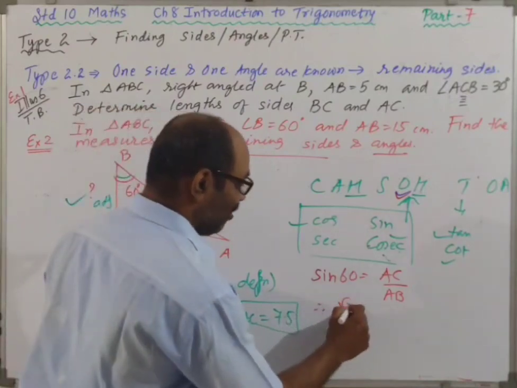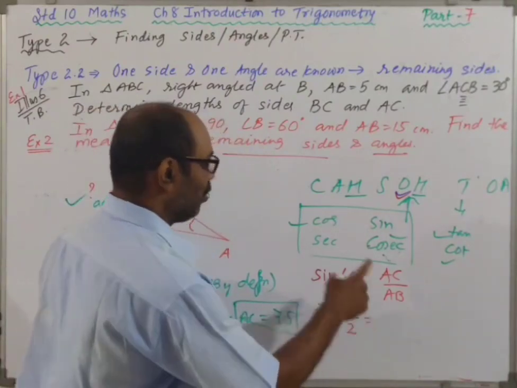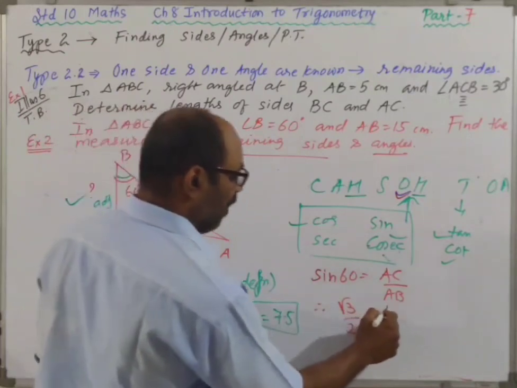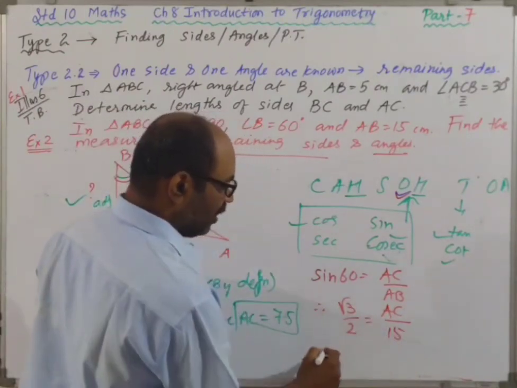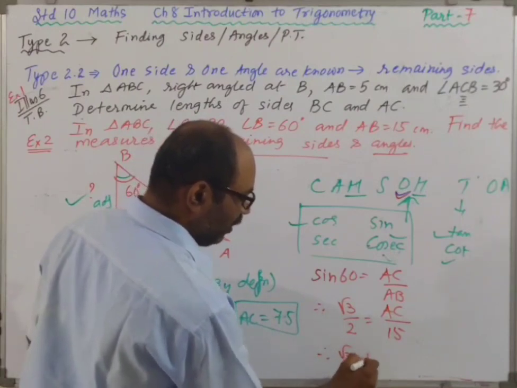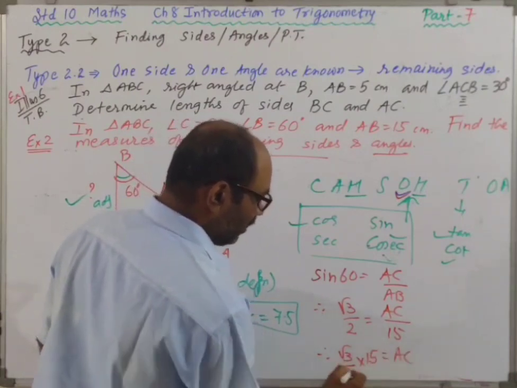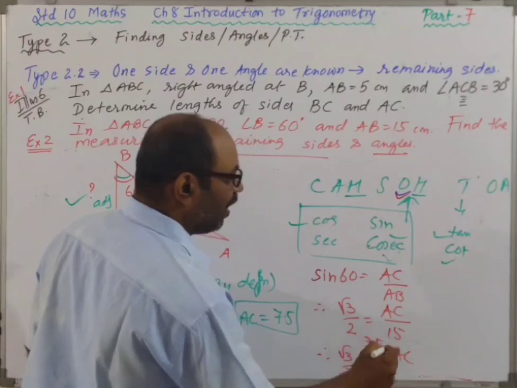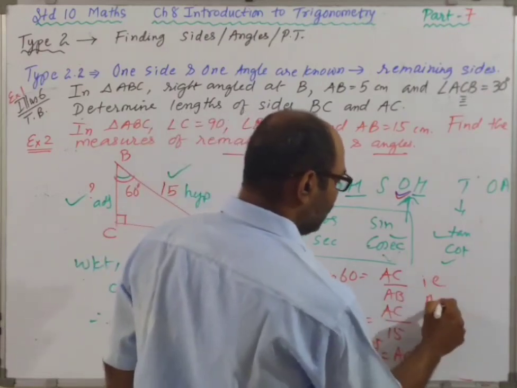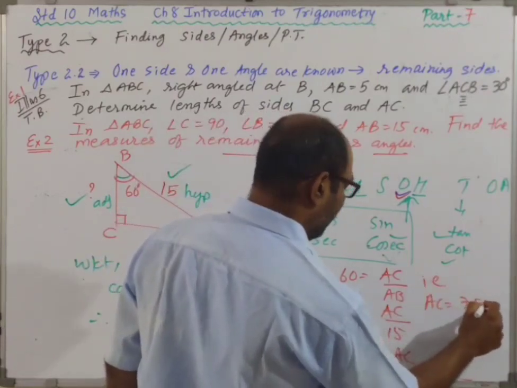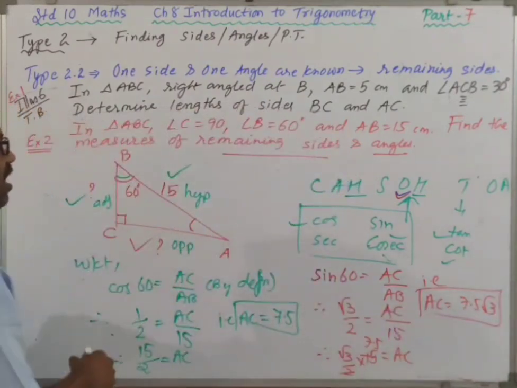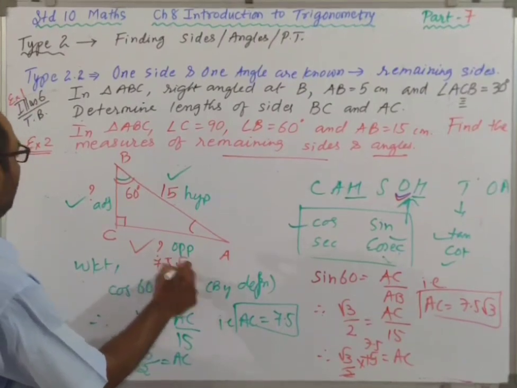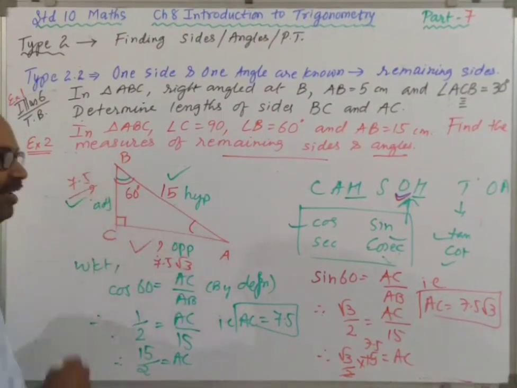Root 3 by 2 is equal to the side we have to find, upon AB, that is 15. Take it on the other side. Root 3 by 2 into 15 is equal to the side. 2 1s are 2, 2 7s are 14, giving 7.5 times root 3. That's it. So this is 7.5 root 3 and this you got 7.5.